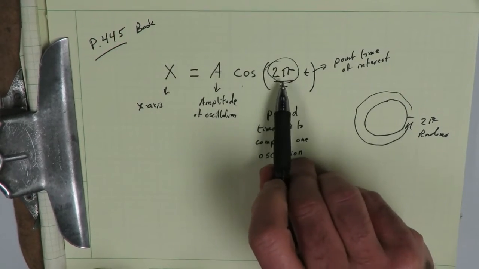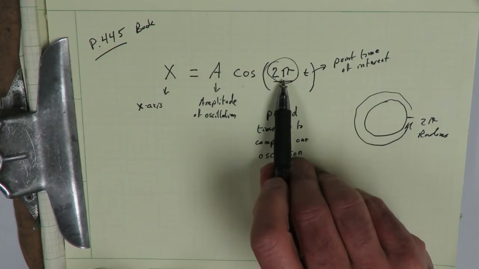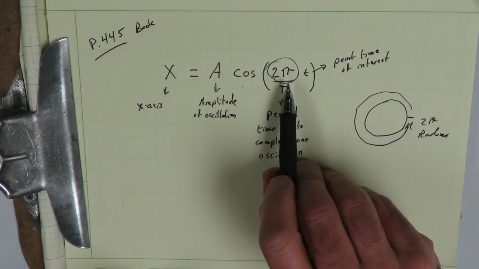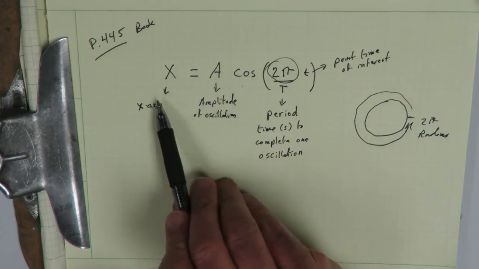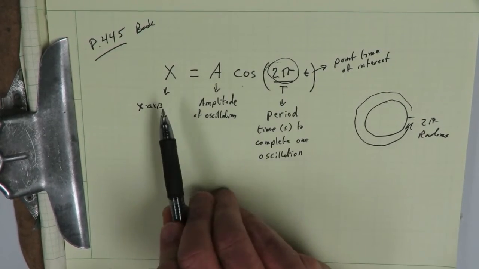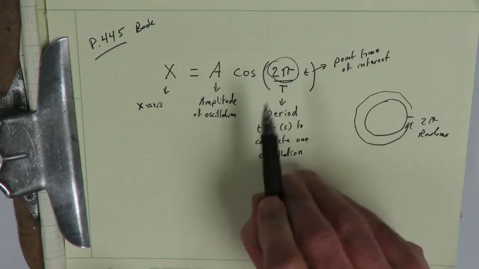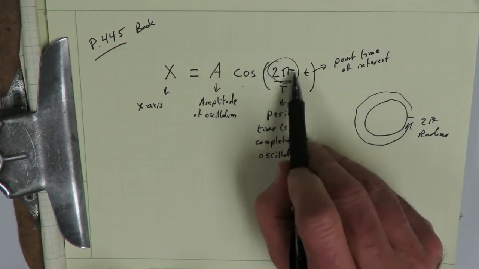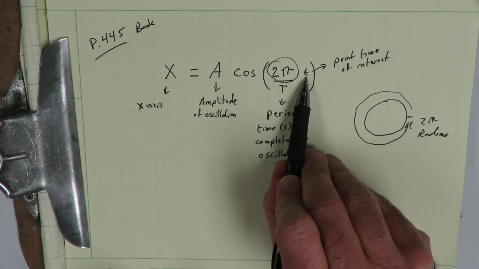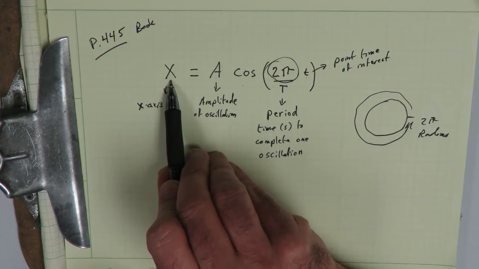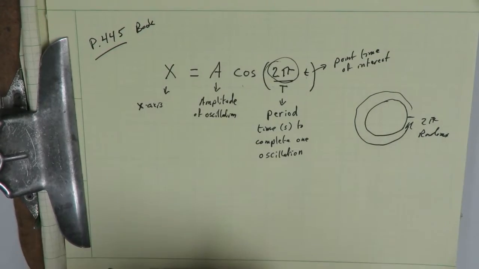It really doesn't come into play too much because the only time this would really pop up its head is if you wanted to actually solve this equation and start plugging in values. You'd have to make sure that your calculator was set for radians so that for a given time you'd find the correct position on the x-axis. But we don't do that very much.